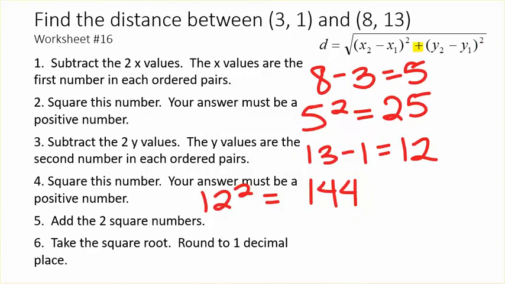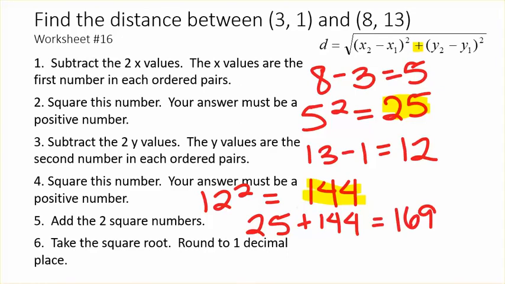Now we add our two square numbers. So I'm adding those together. My squares were in steps 2 and 4. Adding 25 plus 144 equals 169. And we're at our last step, which is to take the square root.